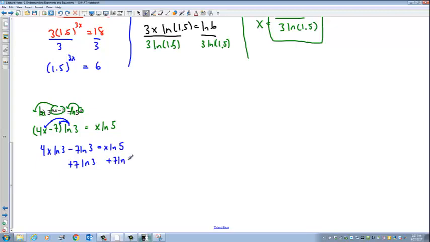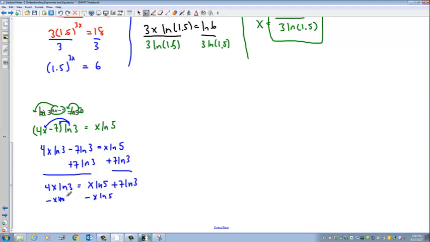And there are lots of ways to do this. I'm just going to do it the first way that kind of comes to my mind. So I'll add that to both sides, and I get 4x ln of 3 is equal to x ln of 5 plus 7 ln of 3. And then I'll move over the x ln of 5, so I'll subtract that from both sides.